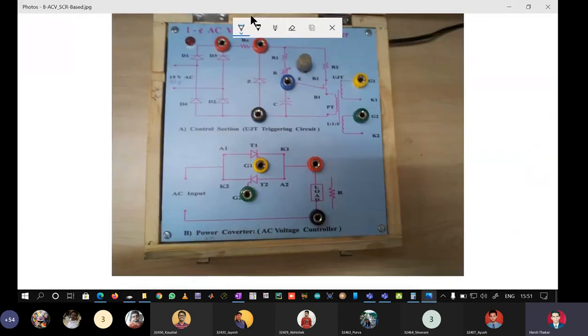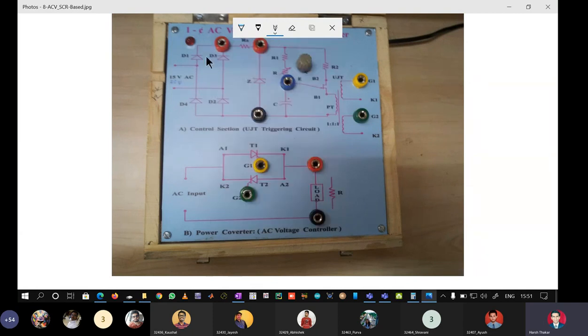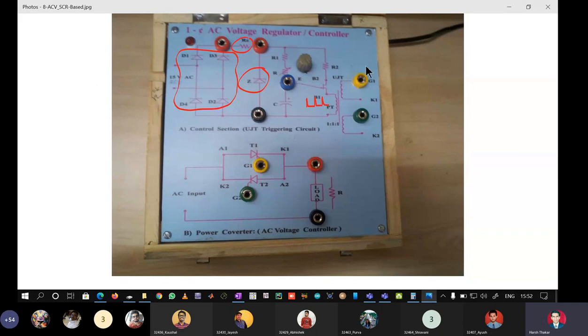Yeah, so we can again see here the same thing is repeated. Rectifier, Zener limiter, Zener clamper, firing pulses. Okay, here we get alpha, here I get pi plus alpha.